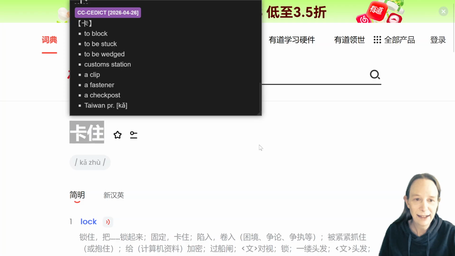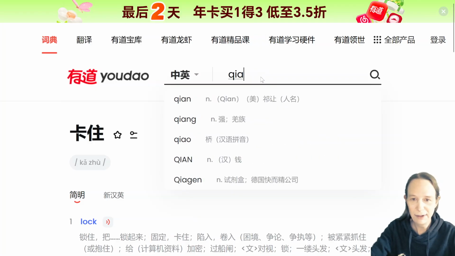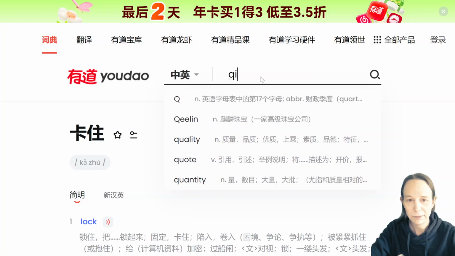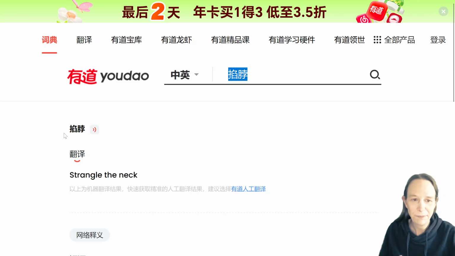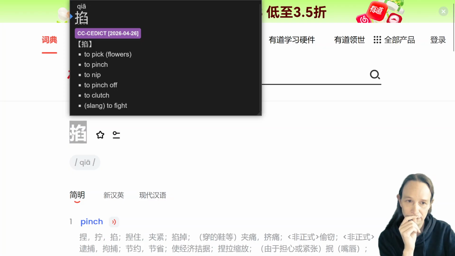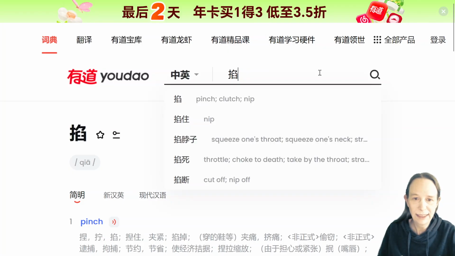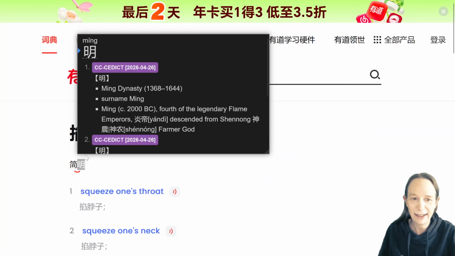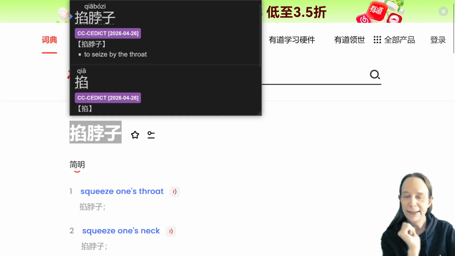So the other one is 卡脖. Am I wrong? Is it this one? Qia is strangle, is it? 卡脖子, he's by the throat. Oh, this is a different character. It's a different tone as well. Cha.